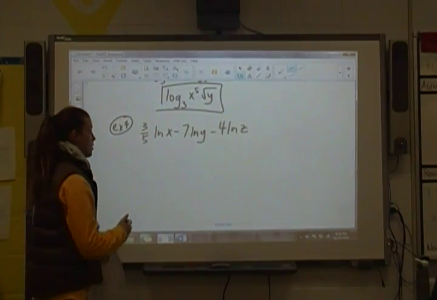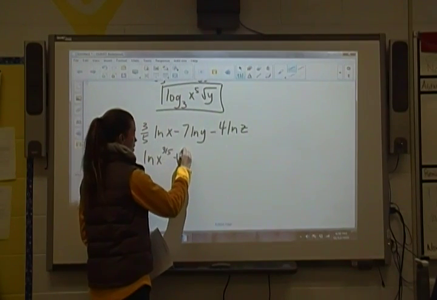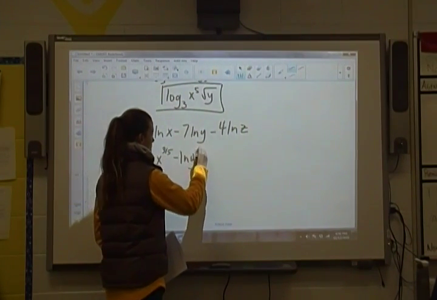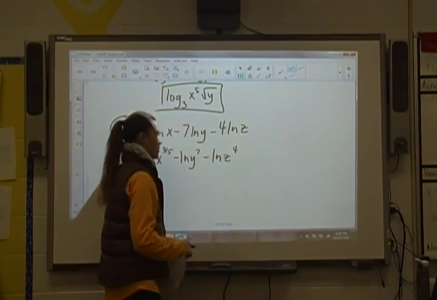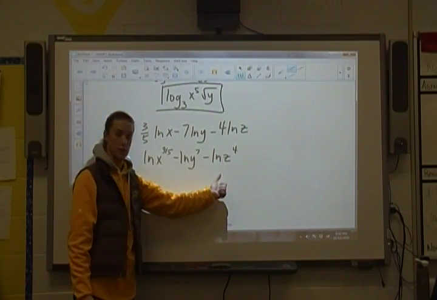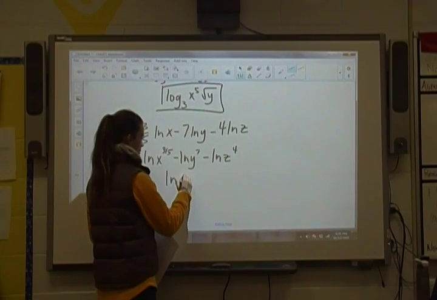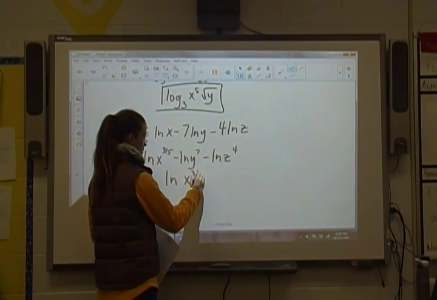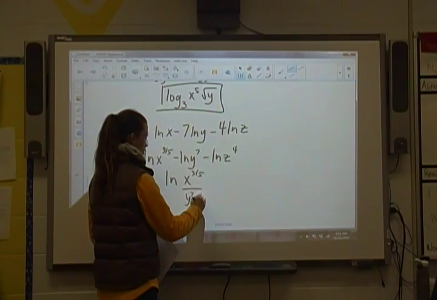We're going to move all those exponents over, so natural log of x to the 3/5 minus natural log of y to the 7th minus natural log of z to the 4th. So this doesn't mean we're going to have a fraction over a fraction. This means that this is in the denominator and this is also in the denominator. So I have natural log of x to the 3/5 over y to the 7th and z to the 4th.